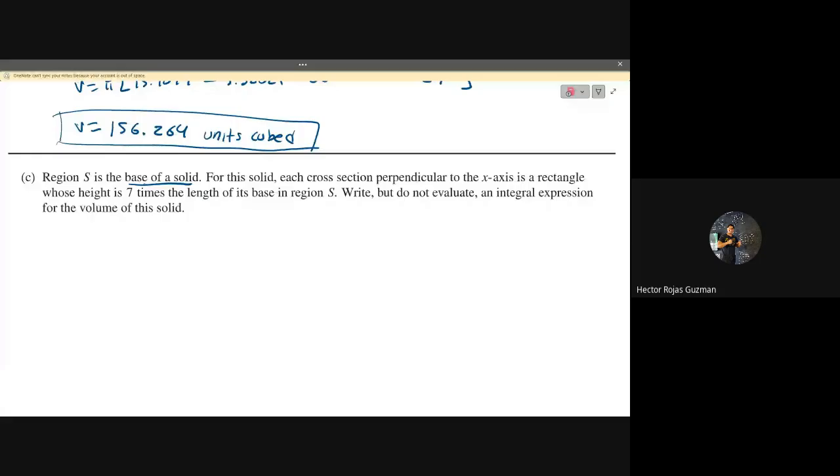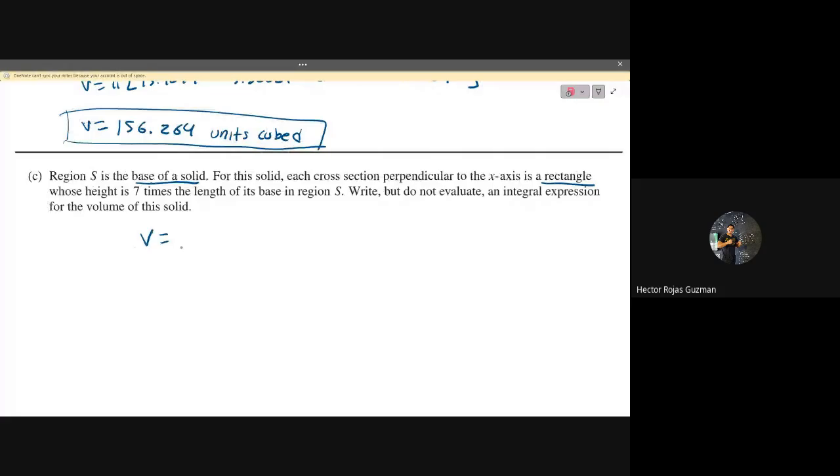All right. So region S is the base of a solid. Each cross-section is perpendicular to the x-axis. It's a rectangle. Let's stop right there. You need to know your setups for volume given cross-sections. So, how do I find volume given cross-sections? The general setup.